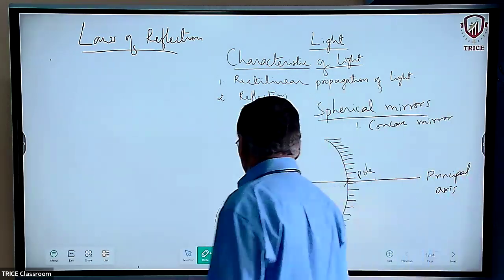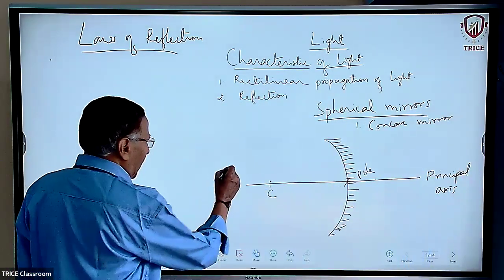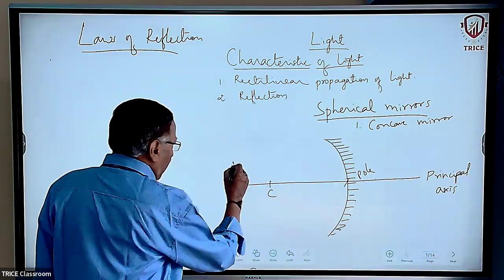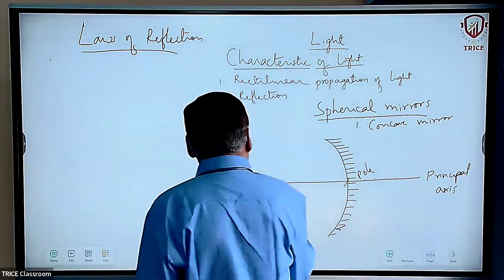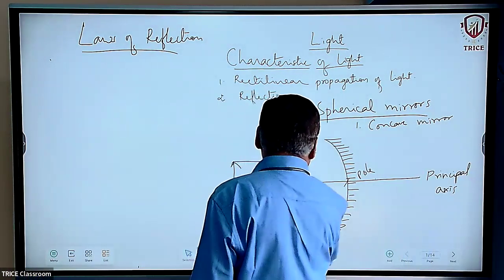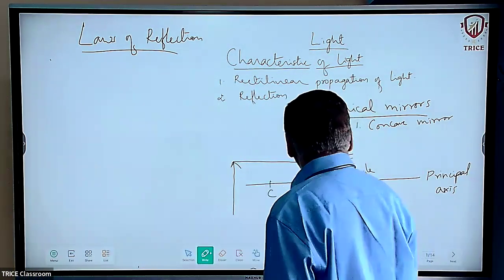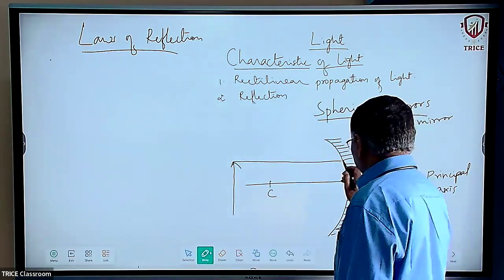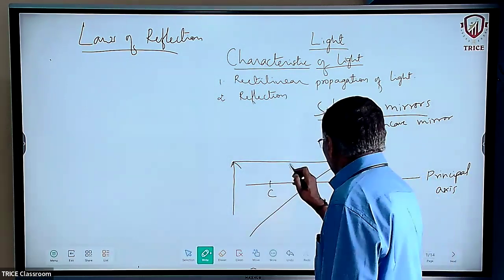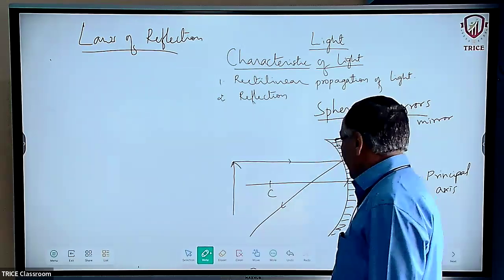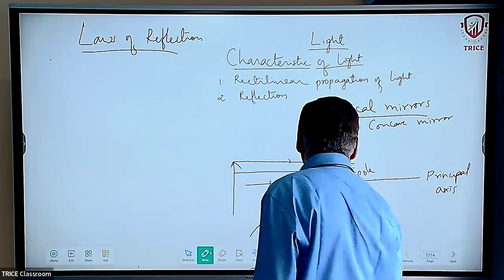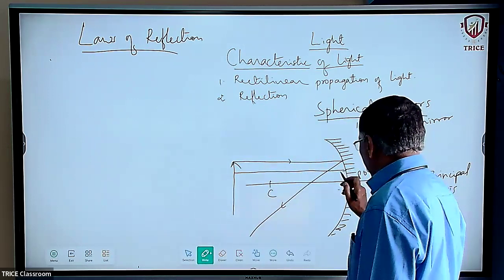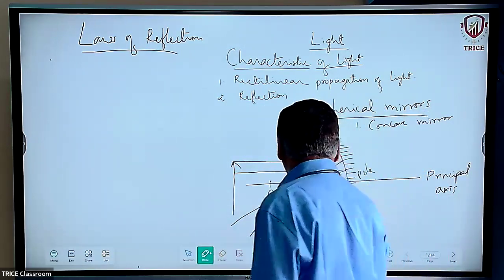Now, if you keep an object here at infinity, quite far from the mirror, what will happen? Light rays travel parallel to the principal axis and get reflected. Another light ray passes parallel to the principal axis, again passes through.